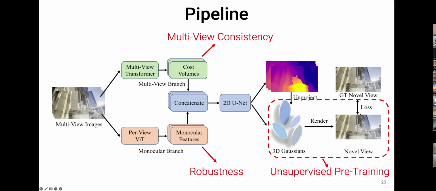What's cool here is that this is actually unsupervised pre-training for depth: you don't need depth information at all, but you can backprop through this loss to update the depth prediction. We will show later that this actually helps a lot on the depth.